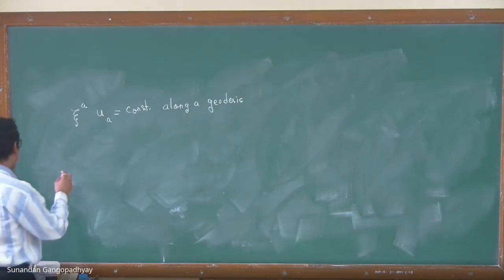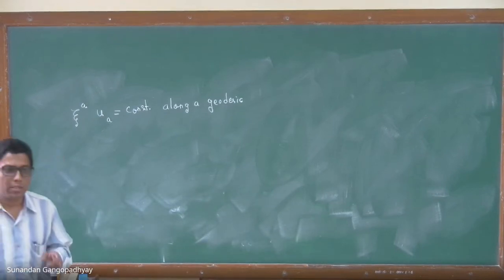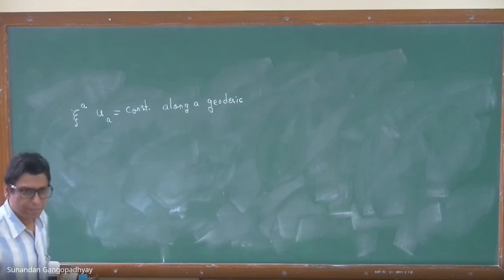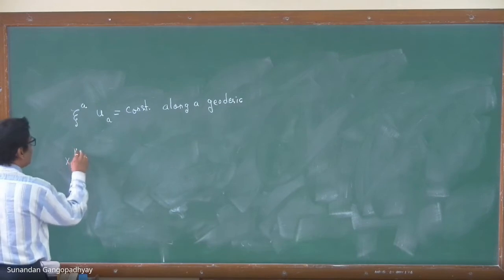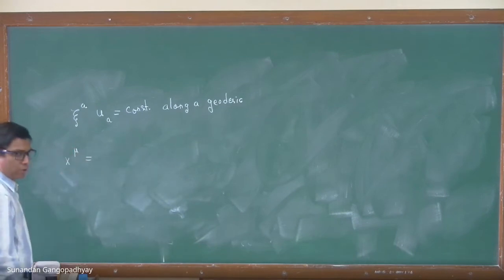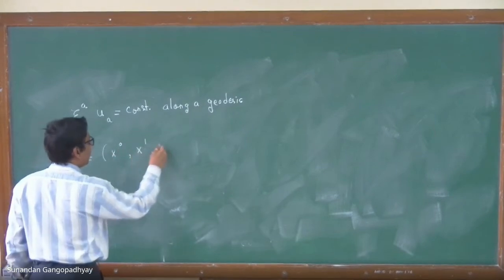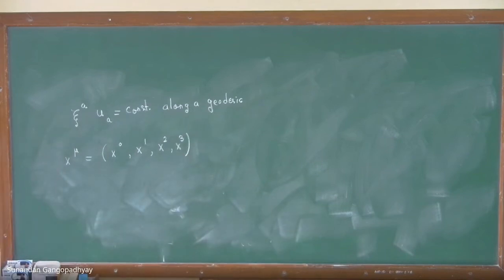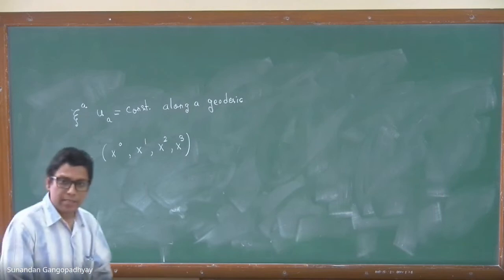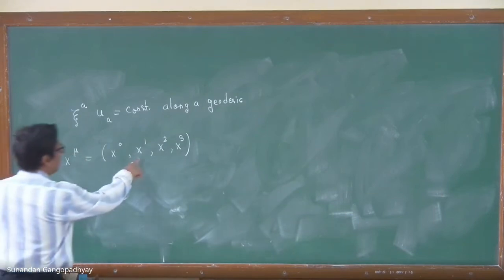Let us assume that you have some geometry, and that geometry does not change along the x1 direction. So you have a coordinate 4-vector x mu, something like x0, x1, x2, x3. And the metric is independent of one of the coordinates, and that coordinate is x1.